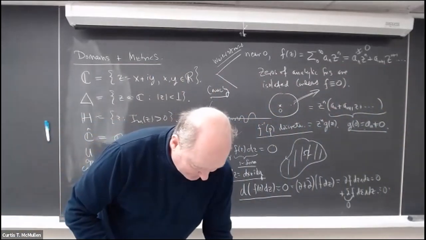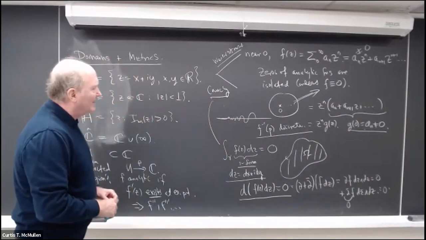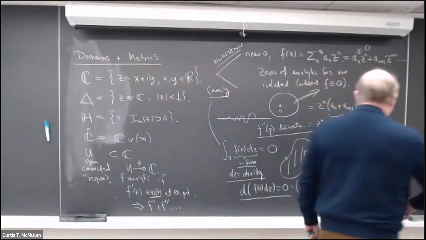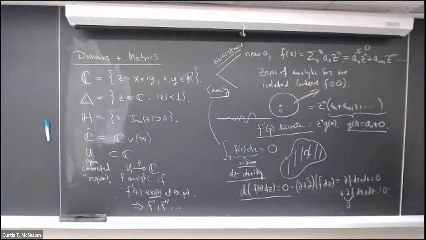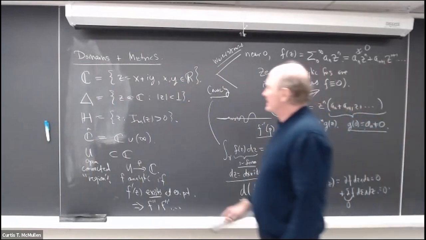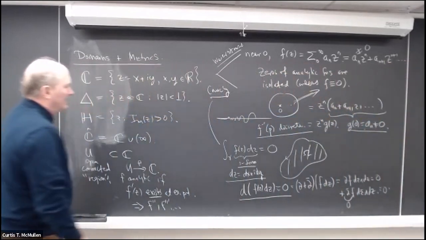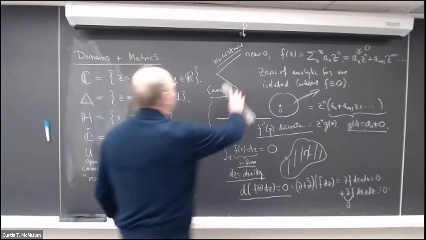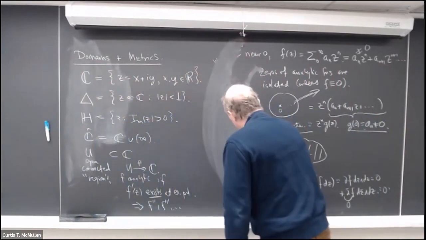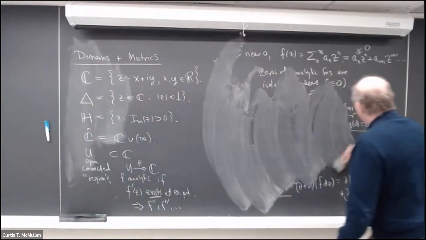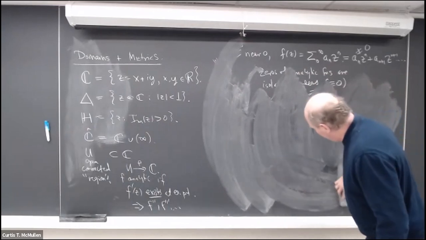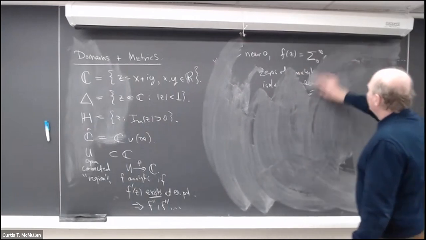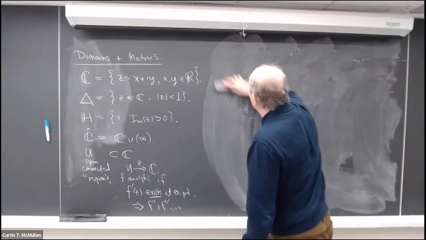I'm going to review some of the consequences of basic complex analysis as we go along. But what I want to do now is introduce some geometry into the picture. And the reason to introduce this geometry is twofold.